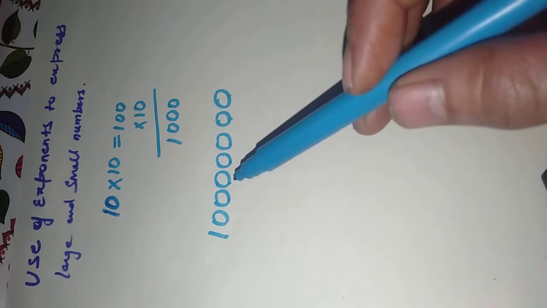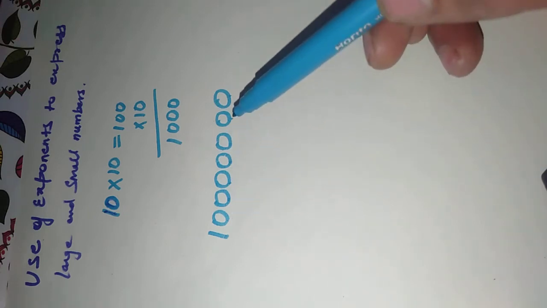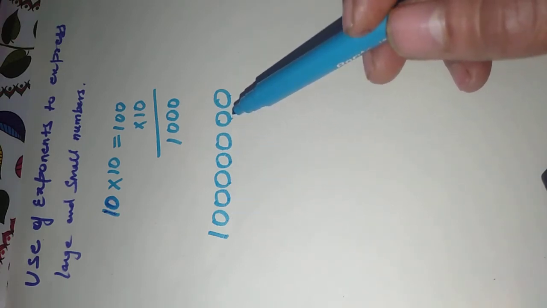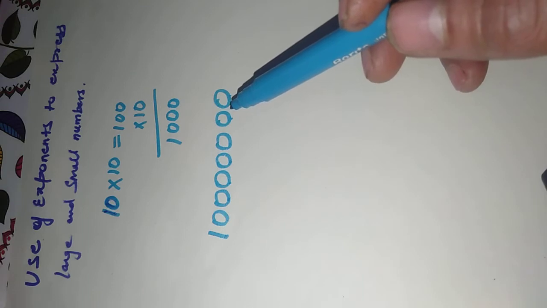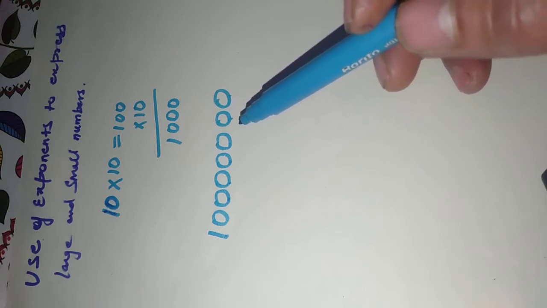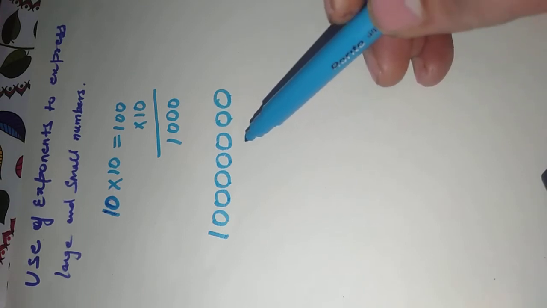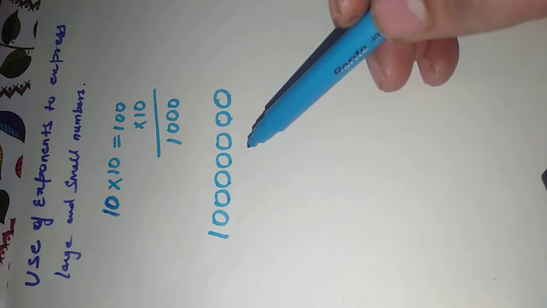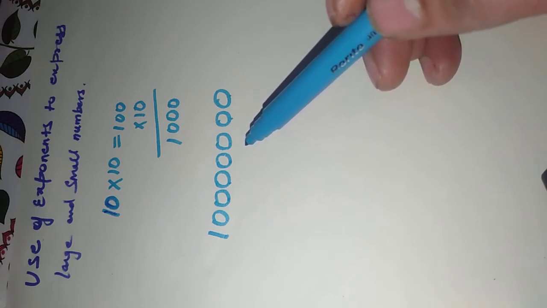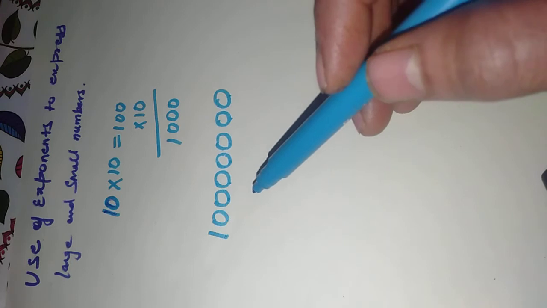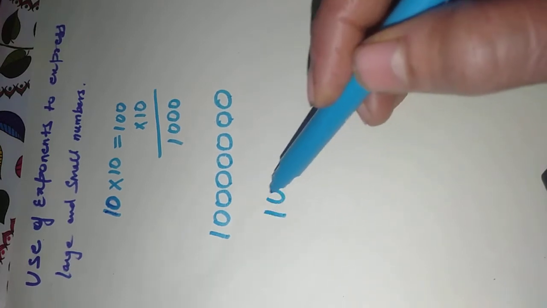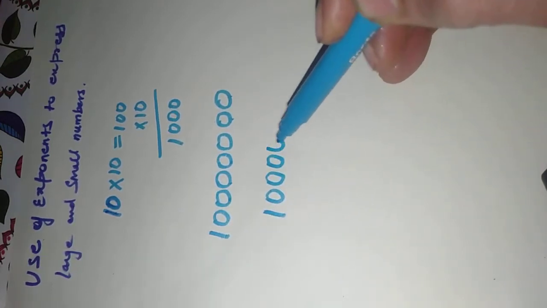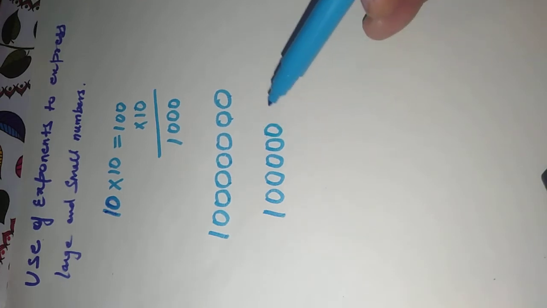Now suppose by mistake you skip one of the zeros, then the number is totally different. Suppose you are going to the bank and you have to withdraw or deposit some amount. Let us take the example that you have to deposit 1 lakh rupees.